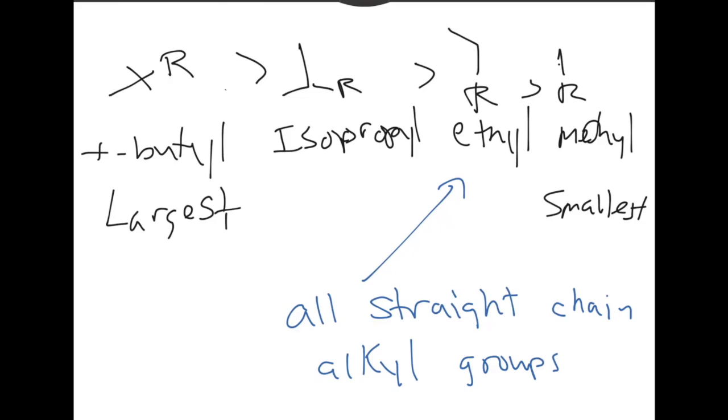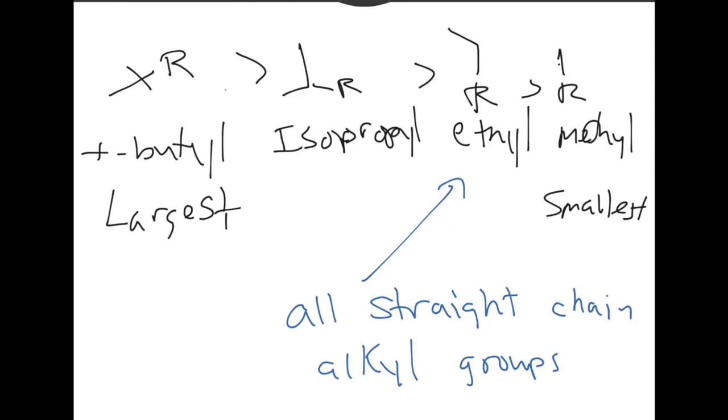The size, the bulk that matters is the bulk that is close to the cyclohexane. So if you have a decane, carbons like 4 through 10 are so far away from the ring, they never really interact with the ring. So we just basically have to lump all of our straight chains and say they're as big as ethyl, because once we get past a couple carbons, that stuff's too far away to matter.